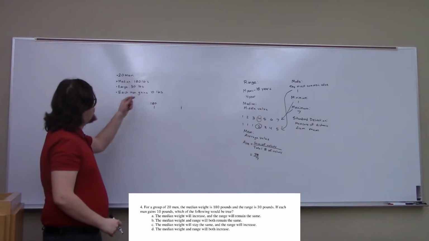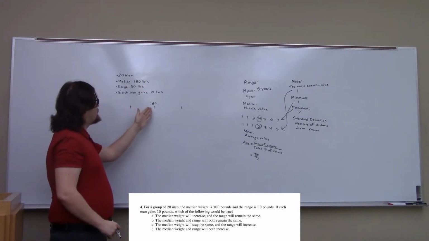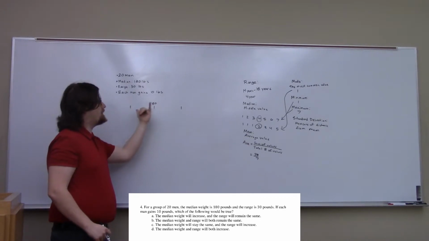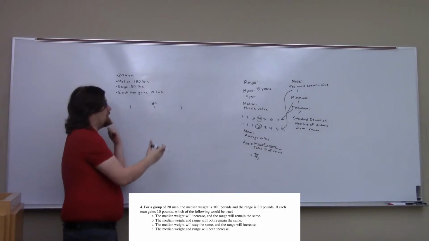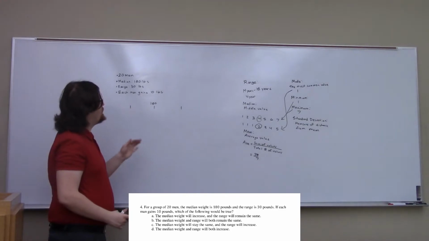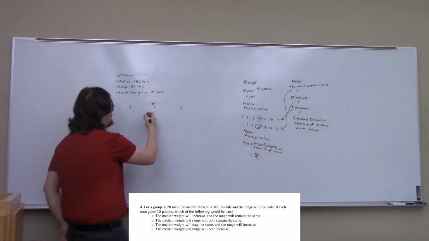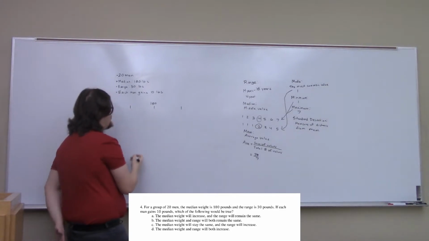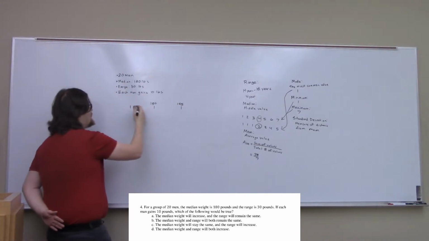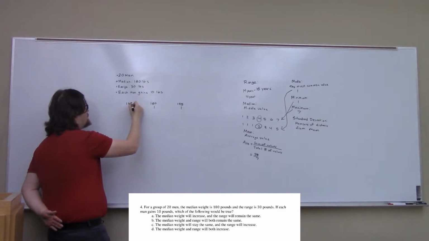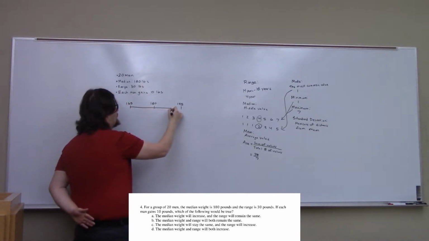If we have a range of 30 pounds, that means we're going to have 30 pounds to the left and right, or rather 30 pounds split between the left and right. So if we split this evenly, that's 15 pounds to the right, 15 pounds to the left. 180 plus 15 is 195, and 180 minus 15 is 165. So this is just our simplest example.